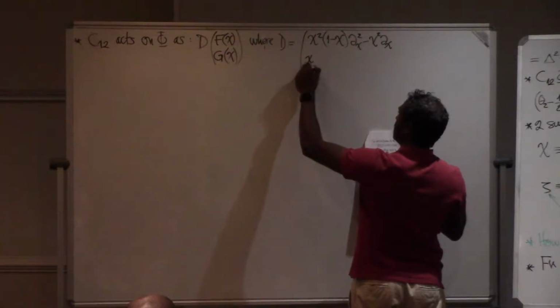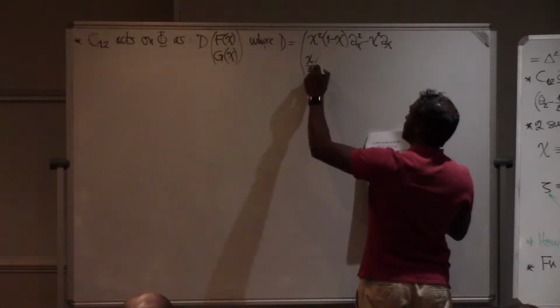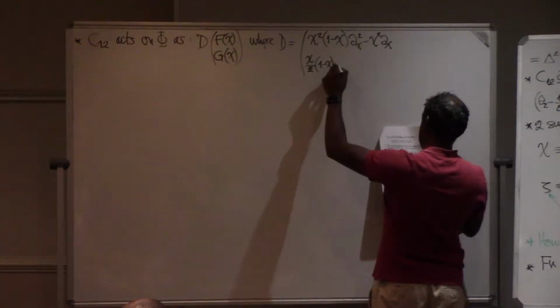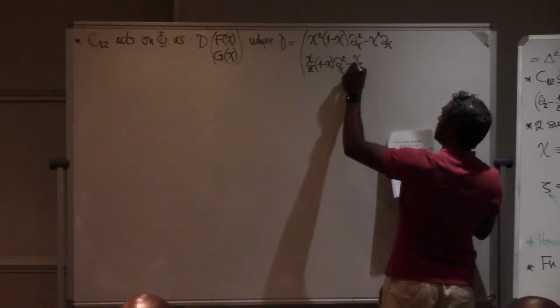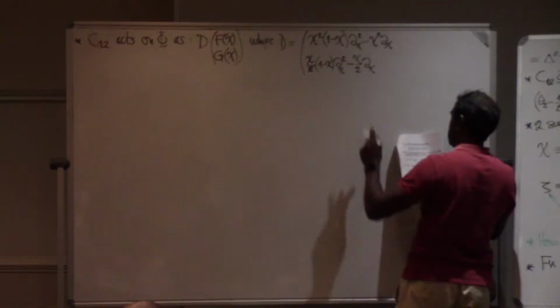Then there's chi over 2 times 1 minus chi, d chi squared, minus chi over 2 d chi.